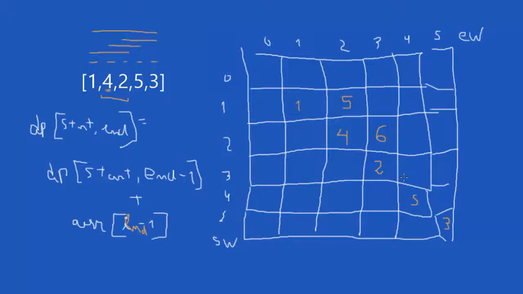For 2, here what we want is the value of the element at the 4th position in the original array plus the previous window size.